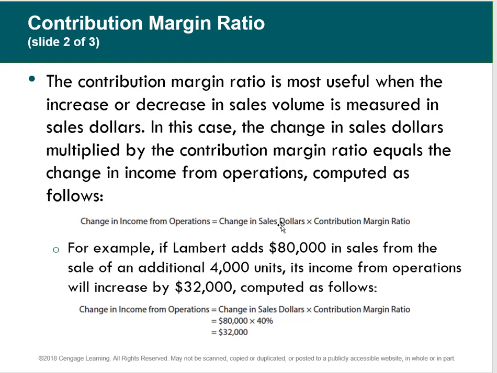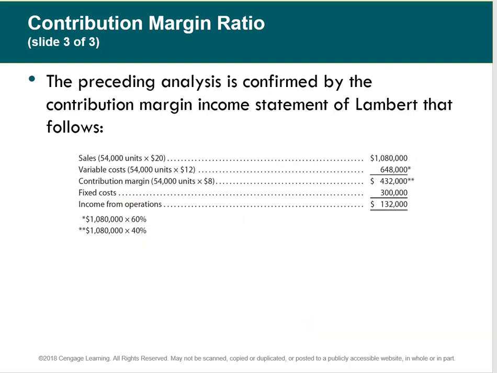So if you add $80,000 in sales because you've sold more units, you can multiply that 80,000 times 40% and get $32,000. That's how much income from operations is going to change. Now, we need to do a lot of exercises here, so make sure you do the class exercises so that you get to see how this works.